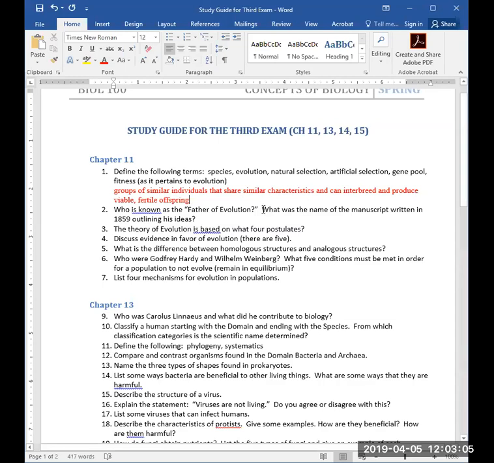Who is known as the father of evolution? Of course, that is Charles Darwin. And what was the name of the manuscript in 1859?